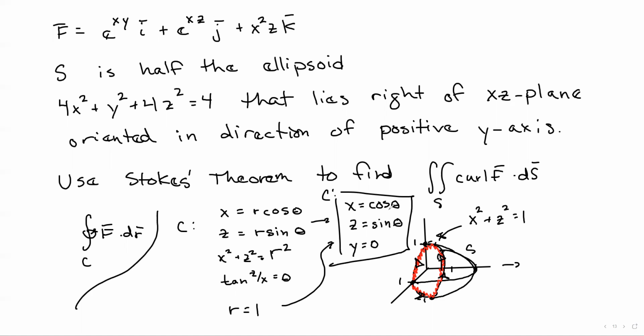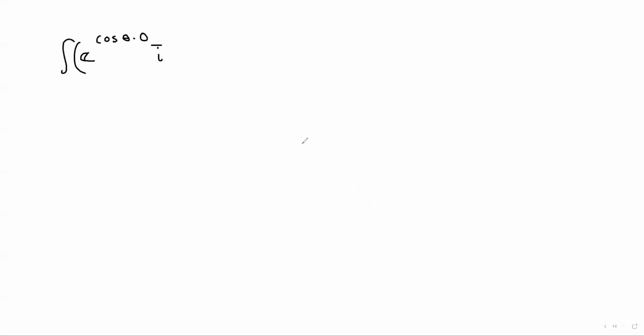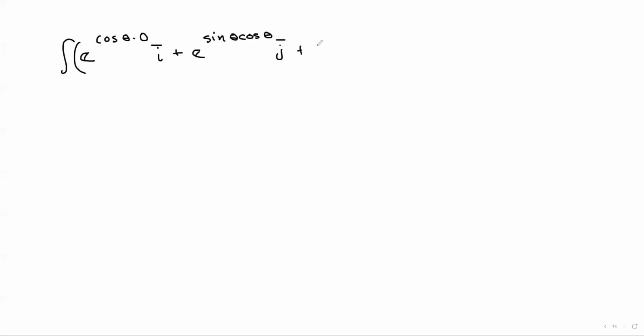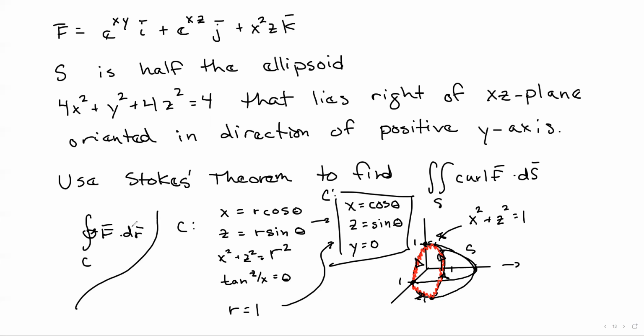So xz is these two things multiplied together, so we get e to the sine theta cosine theta j. And then what about x squared z? x is cosine, so we're going to have cosine squared times sine. And then we're going to dot that with dr.